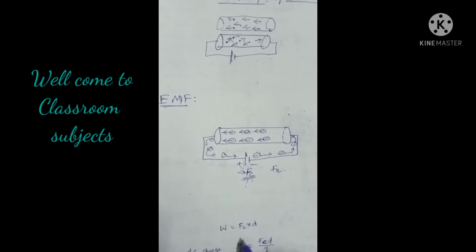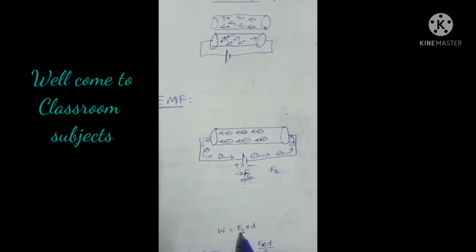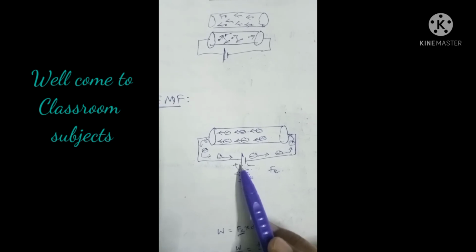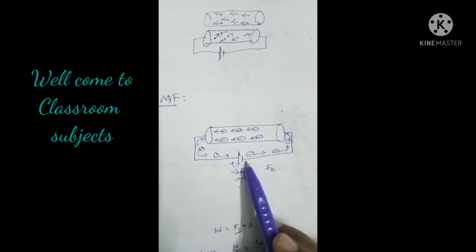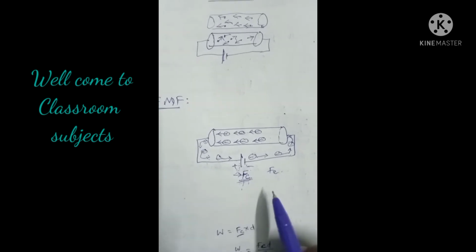So the work done by the chemical force to move the negative charge from the positive terminal of the battery to the negative terminal of the battery is called EMF.